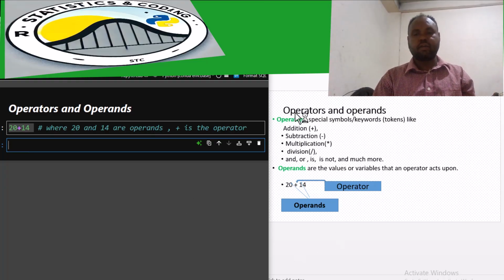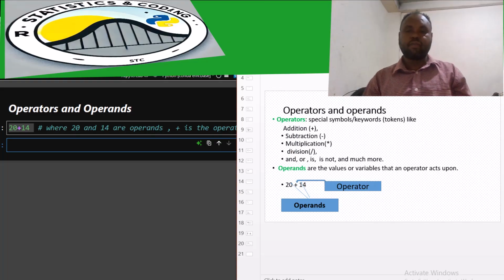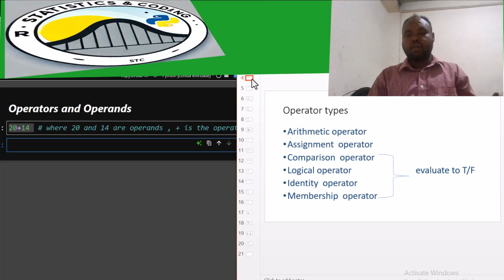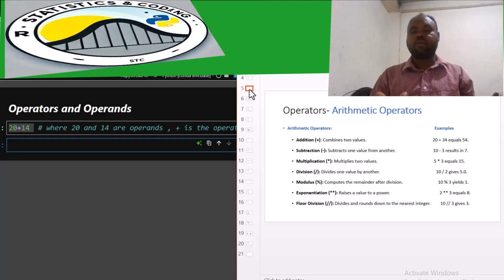In general, we have a number of classes of operators, as we can see here: arithmetic, assignment, comparison, logical, identity, and membership operators, where the last four evaluate to true or false. Under arithmetic operators, we have addition, subtraction, division, modulus, floor division.